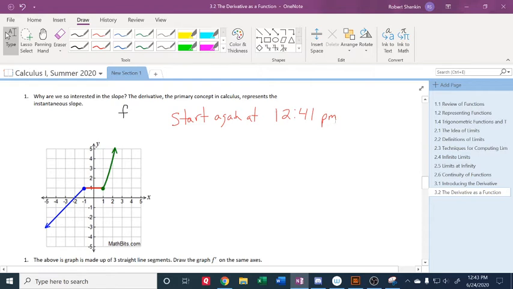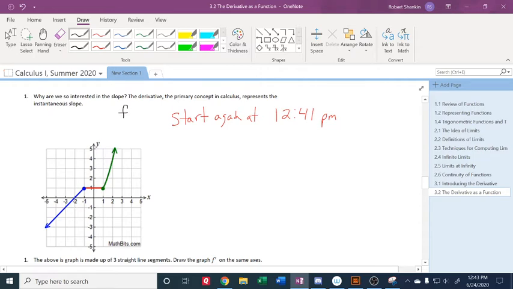We can use that same kind of analysis here and say, when x is between negative infinity and negative 1, so anywhere up to negative 1 where it's blue, every time I move to the right 1, I go up 1. That's the rise whenever you go to the right 1: how much the output changes every time the input increases by 1.